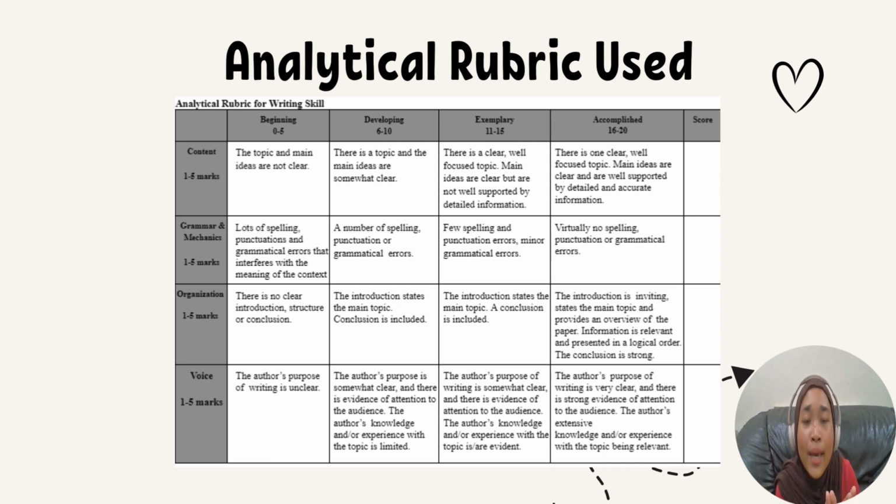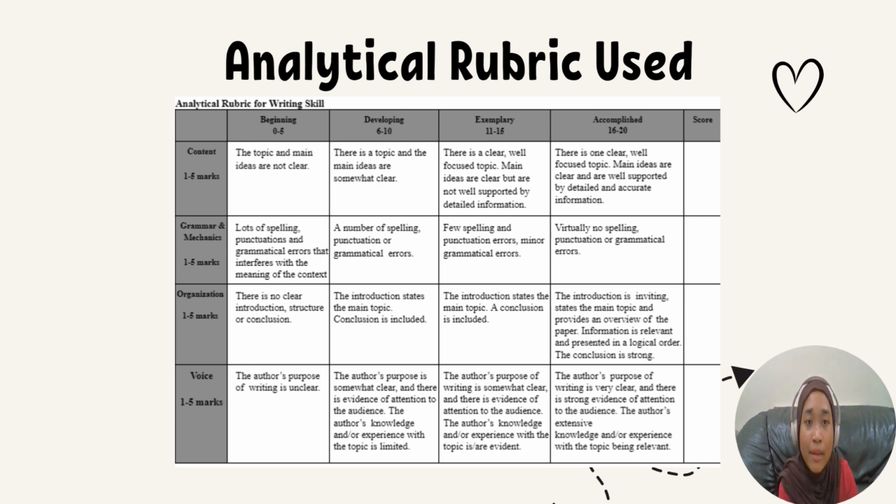Alright. So it consists of four levels over here, which are the beginning, developing, exemplary, and accomplished. So let's take a look briefly here. The beginning level, of course, portrays that the students do not state the main ideas clearly, which means their English proficiency is below par.